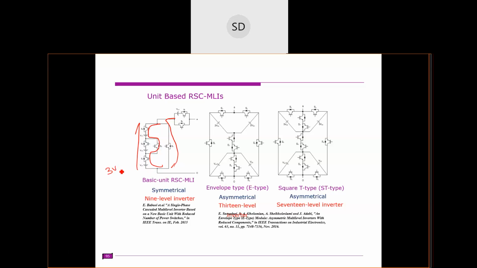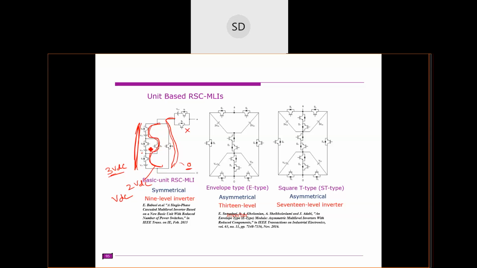So this gives you 3 VDC, and this gives you 2 VDC, and this gives you 0 if this is not present. Clear? If you go like this, it gives you 3 VDC. If you go like this, one gives you 2 VDC. You straight away go like this, so that gives you 0 voltage. But you cannot obtain this VDC voltage.